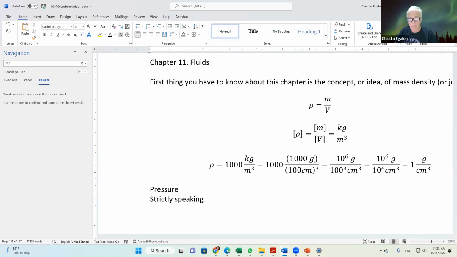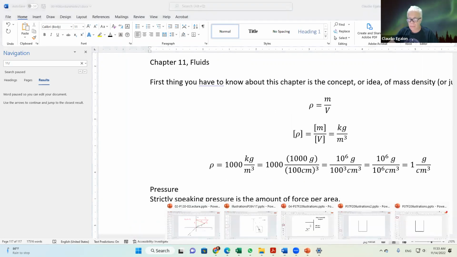Strictly speaking, pressure is the amount of force per area.